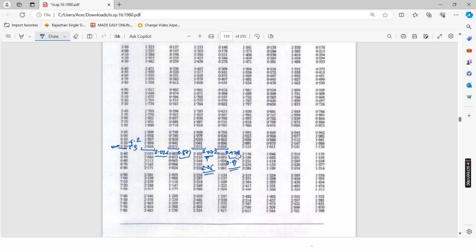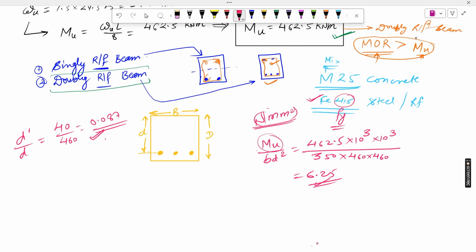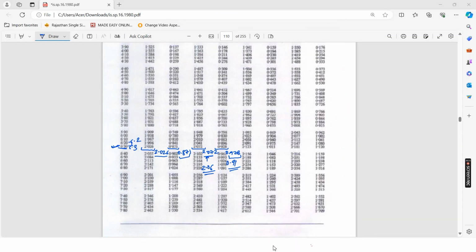So I get PT as 2.06, and PC I get as 0.91.